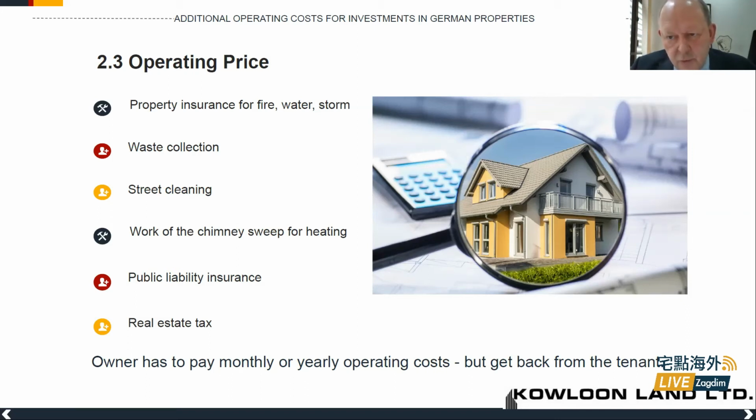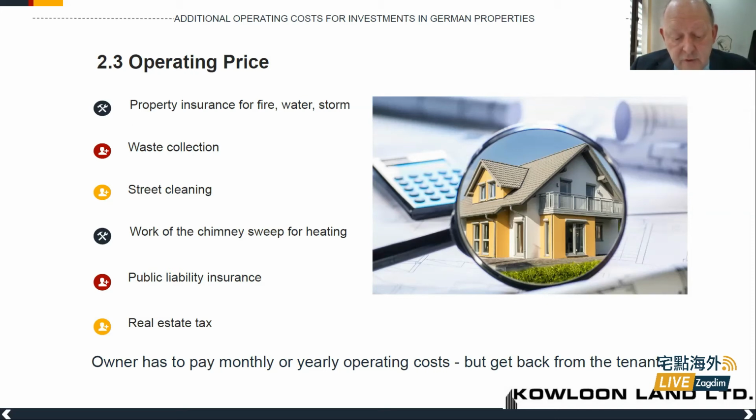For all of these, somebody from the government comes one time a year. The costs are not so high, mostly between 60 to 100 euro one time for the control, and you get a certificate that your heating is okay. This is a must for every household.